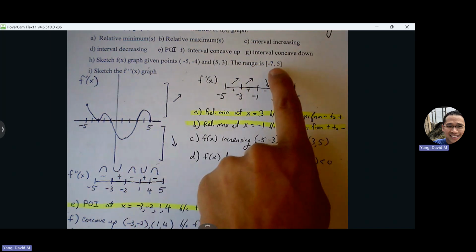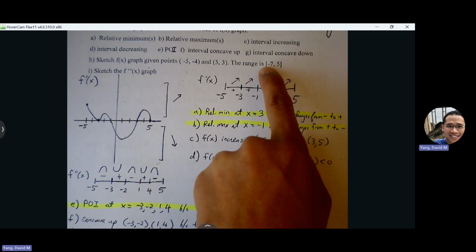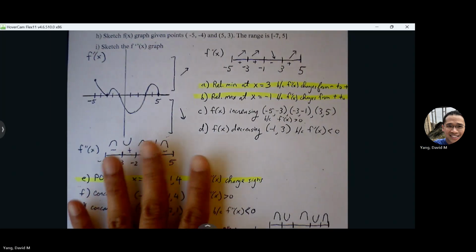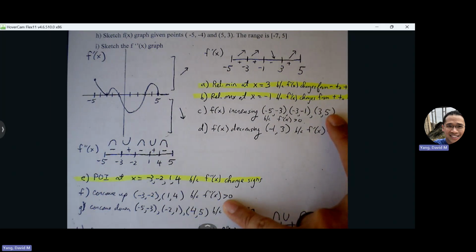And then you can worry about this at the end. Once you sketch your graph, you just want to make sure that your lowest y value is -7 and your highest y value is 5. And if you just sketch your graph lightly, and if you realize that it's not quite there, you can always push and pull on your graph to get it to fit into that box. Is everyone okay? A through G?